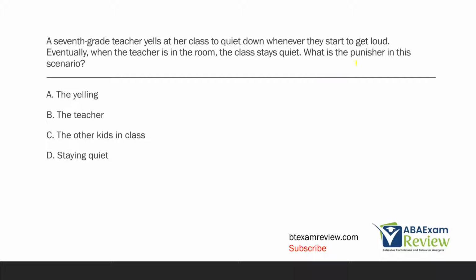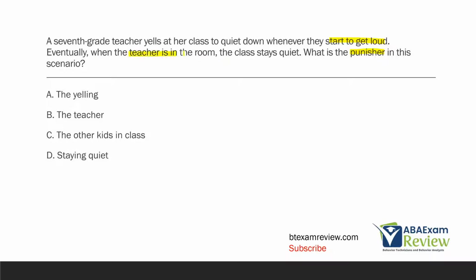Let's think about it. We're looking for the punisher in the scenario. Now, the punisher is the stimulus that is added or removed as a consequence that is going to reduce the behavior. So in this case, what is the behavior? Well, the class gets loud. And so how has that behavior changed?